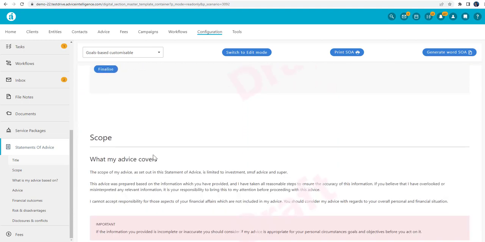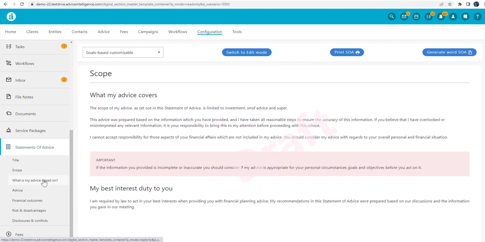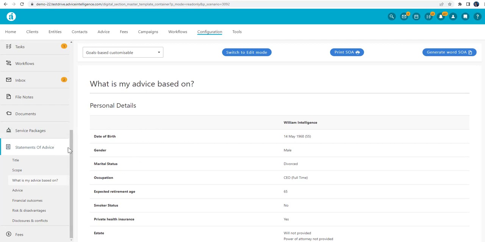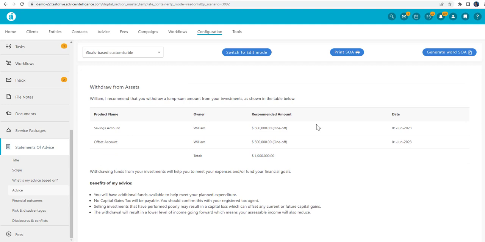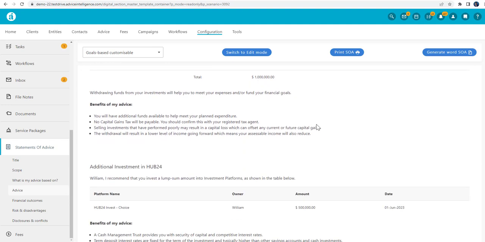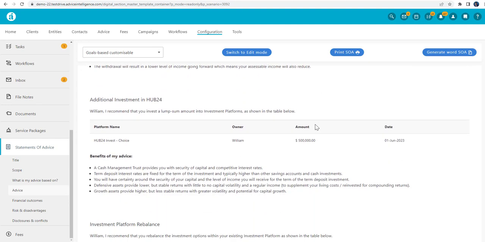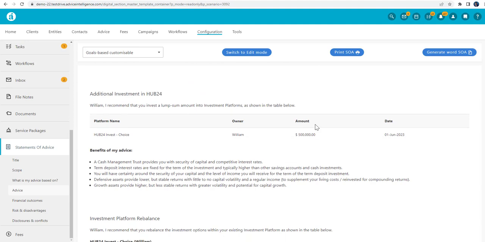It's pretty much your standard SOA, talking about the scope of advice, what the advice is based on, and obviously every strategy that we've used in our scenario, everything is reflected here in terms of strategy text, which is of course fully customizable as well.